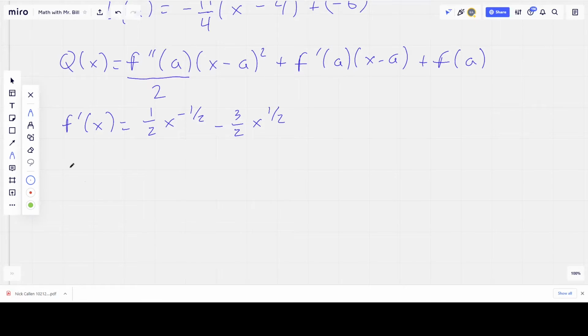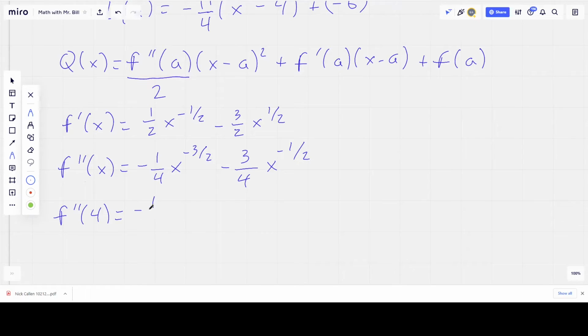And we'll take that derivative again. So f double prime: we'll bring the negative 1/2 down and multiply that by positive 1/2, which gives us negative 1/4 times x to the negative 3/2. And then the 1/2 comes down and we get minus 3/4 times x to the 1/2 minus 1, which is negative 1/2. And so we need to evaluate that at 4.